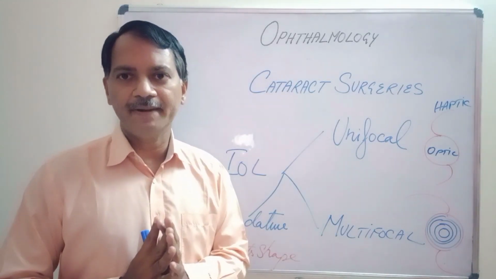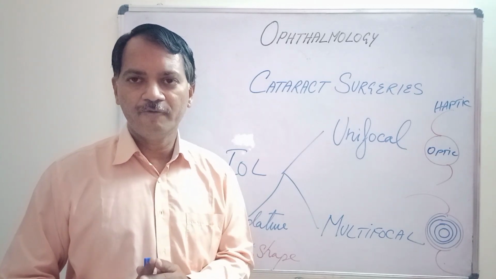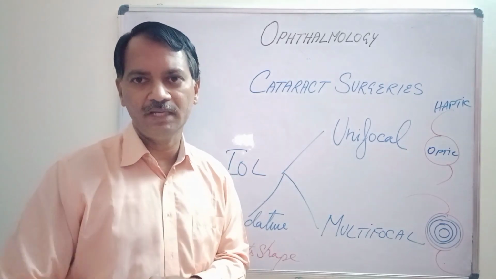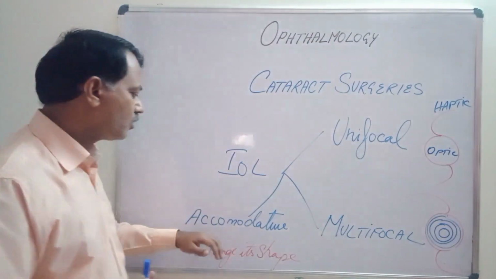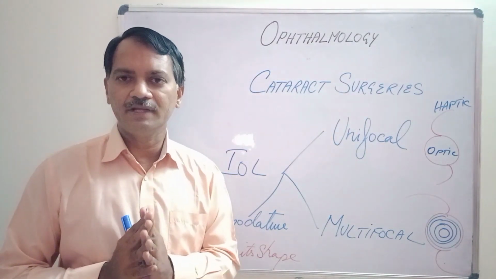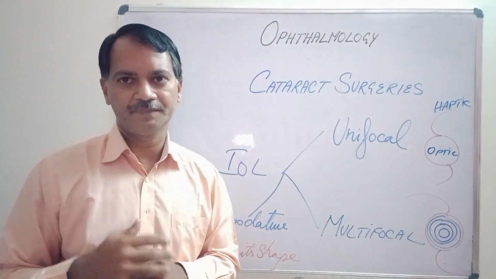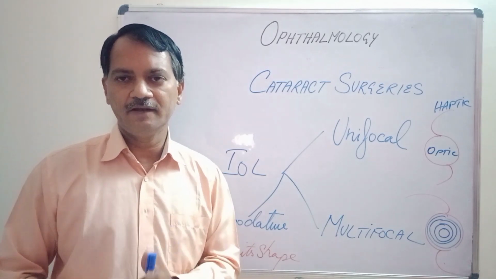Multifocal IOLs are better done only in phacoemulsification surgeries, where astigmatism is very minimal. Next, coming to accommodative IOLs, the IOL will change its shape according to the distance we see. So that is the accommodative IOL.